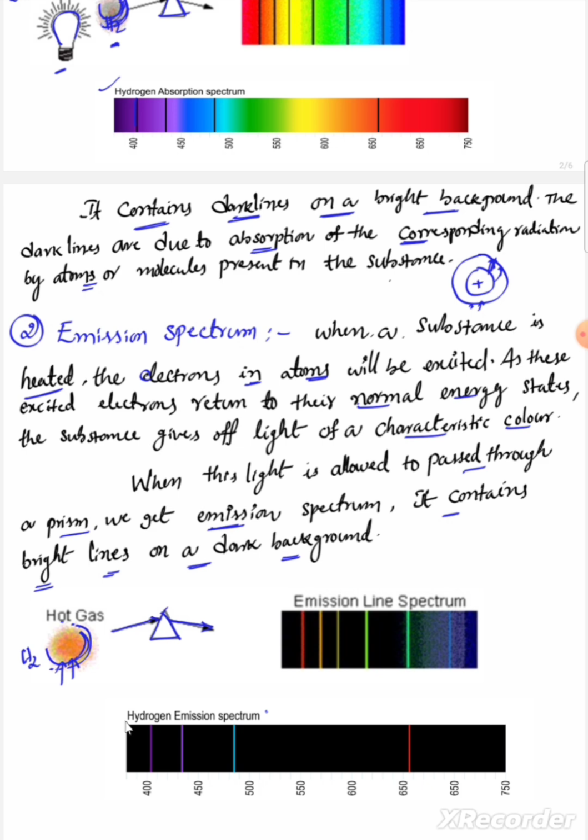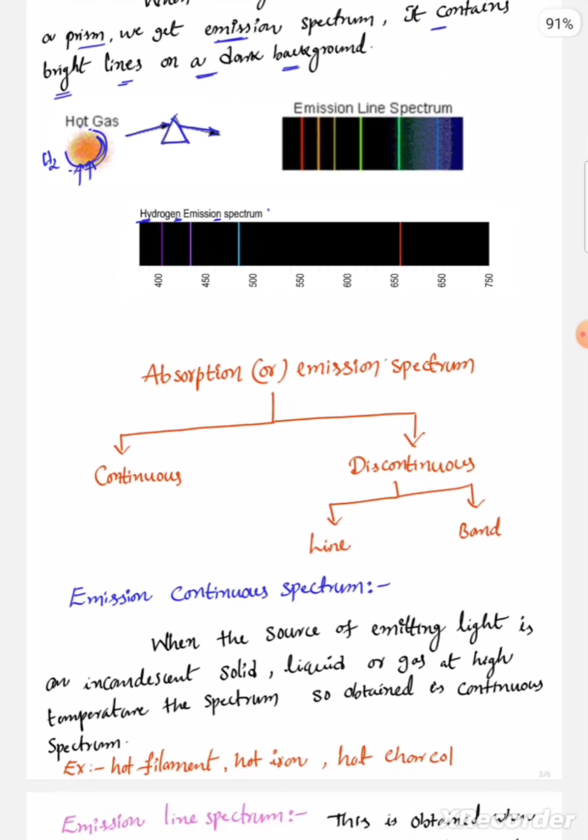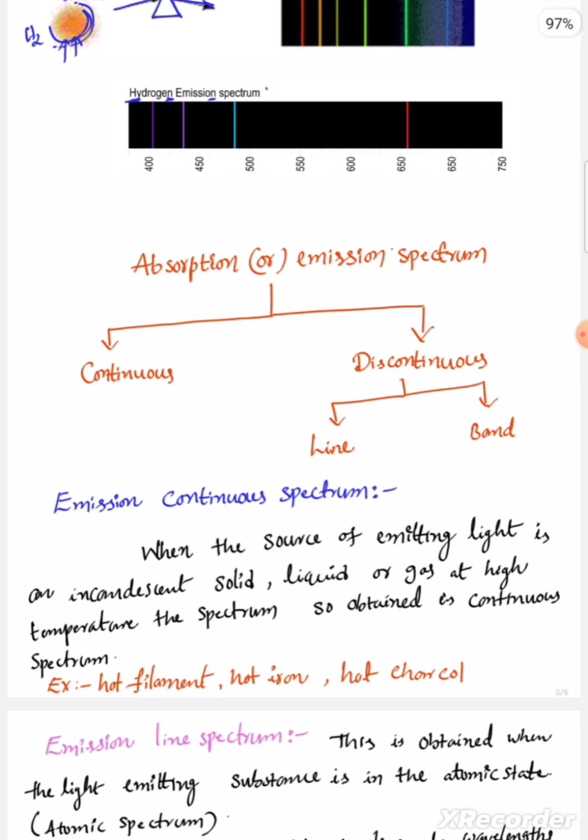We will study the hydrogen spectrum again, and at that time we will clearly discuss these four lines. This is about emission and absorption spectra. Emission and absorption spectra are each classified into two types: continuous and discontinuous.